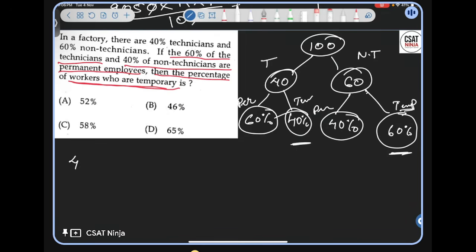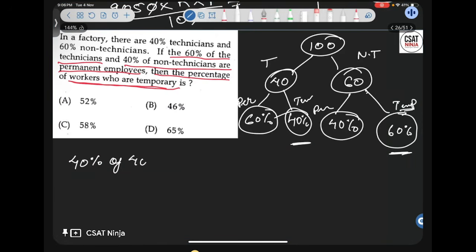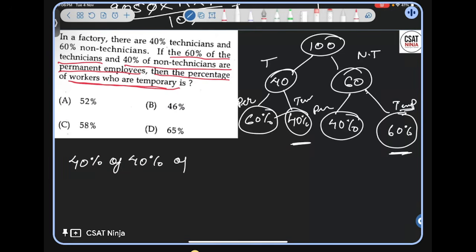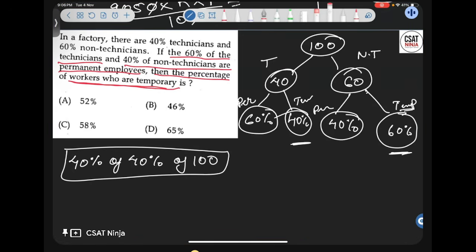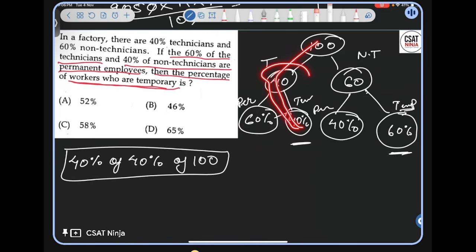So 40% of how much? Of 100. This is for this part. So what I'm doing is 40% of 100 is what I'm getting.